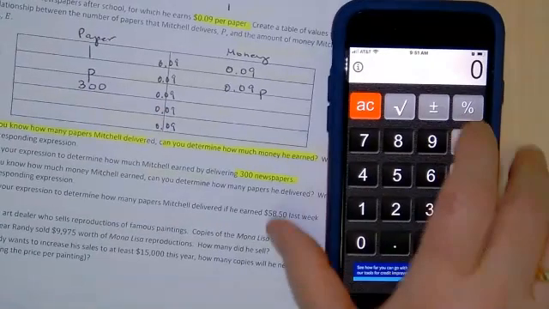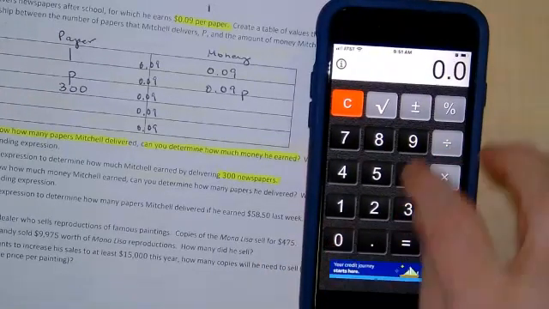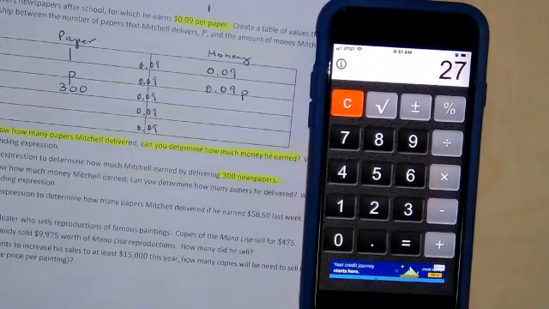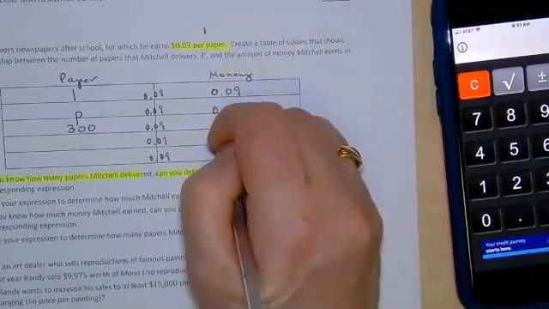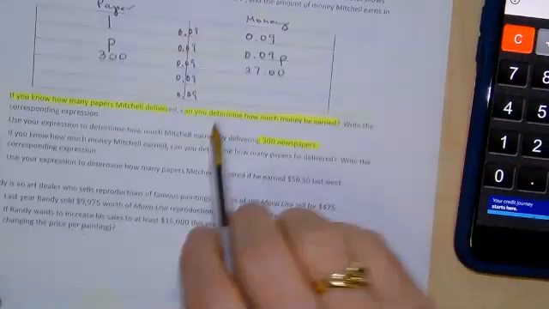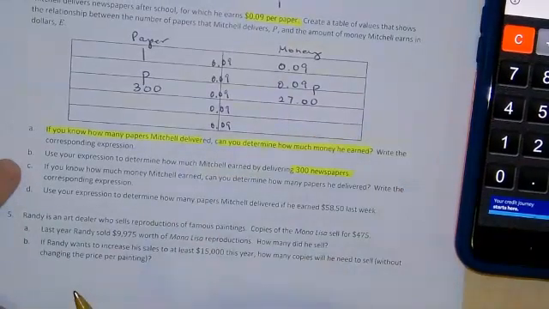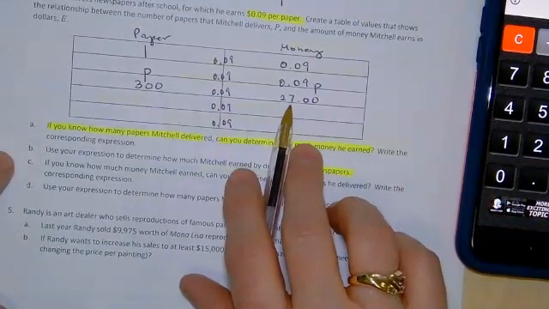Yep. So let's check it out. 300 times 9 cents. $27. That's not bad, $27. Because 3 times 9 is 27, so that makes sense, right?